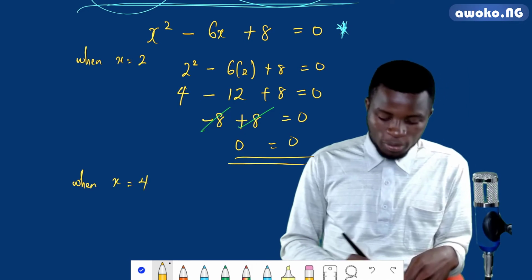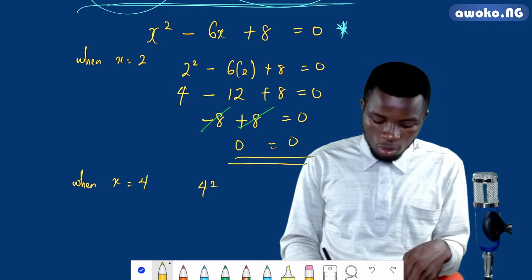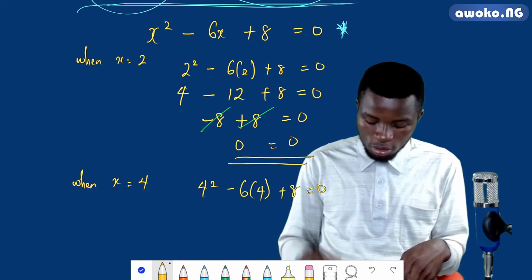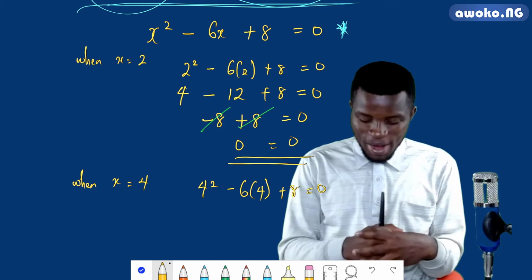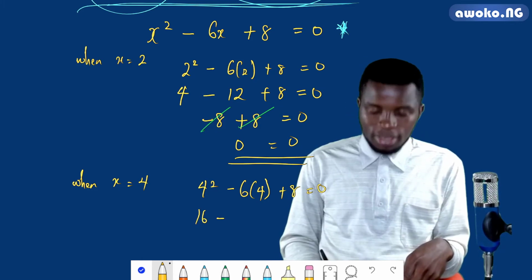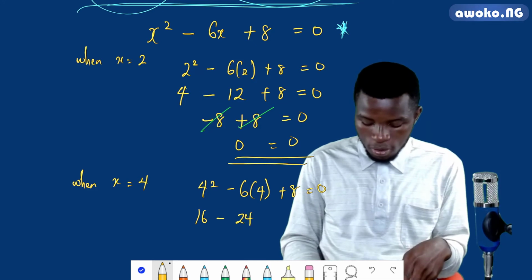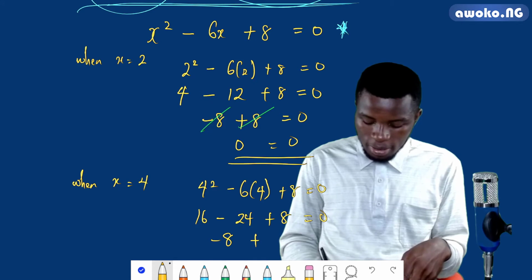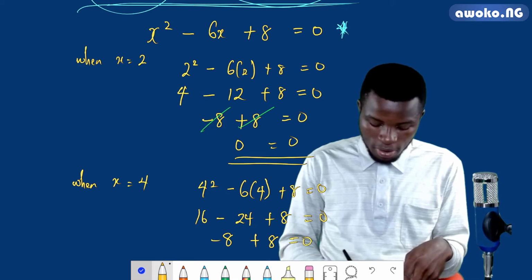equal to 4, we have 4 squared minus 6 times 4 plus 8 is equal to 0. Alright, 4 squared is 16, minus 6 times 4 is 24, plus 8 equal to 0. This will give us minus 8 plus 8 is equal to 0.